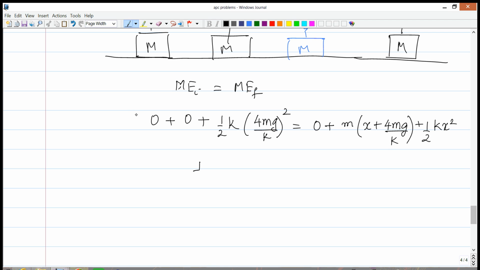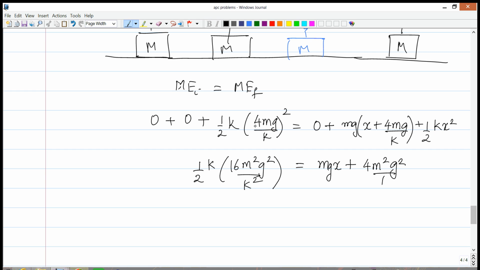What we're going to get is 1/2 times k times 16 m squared g squared over k squared equals mgx plus 4 m squared g squared over k plus 1/2 times k x squared.